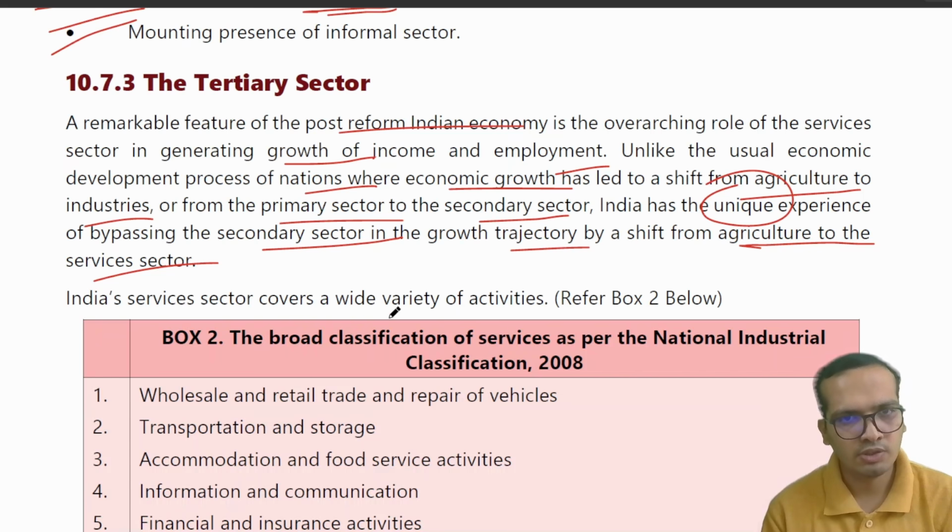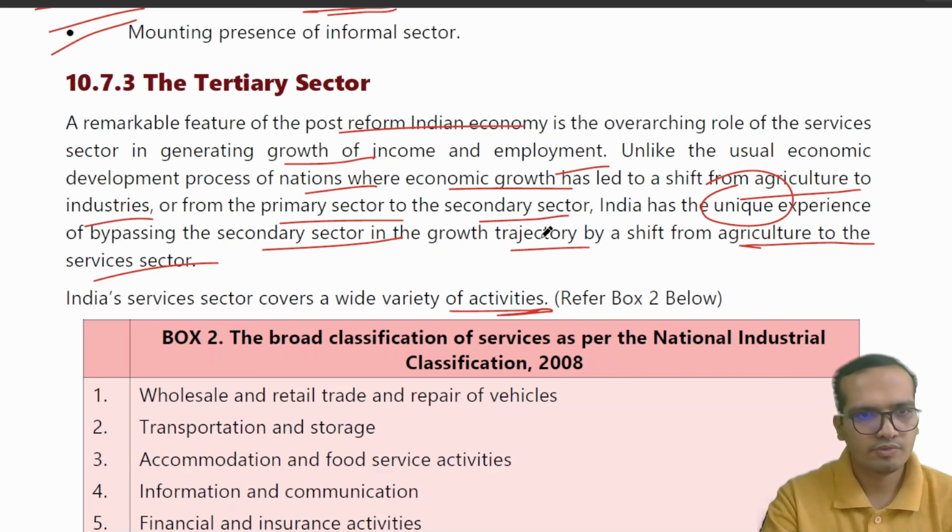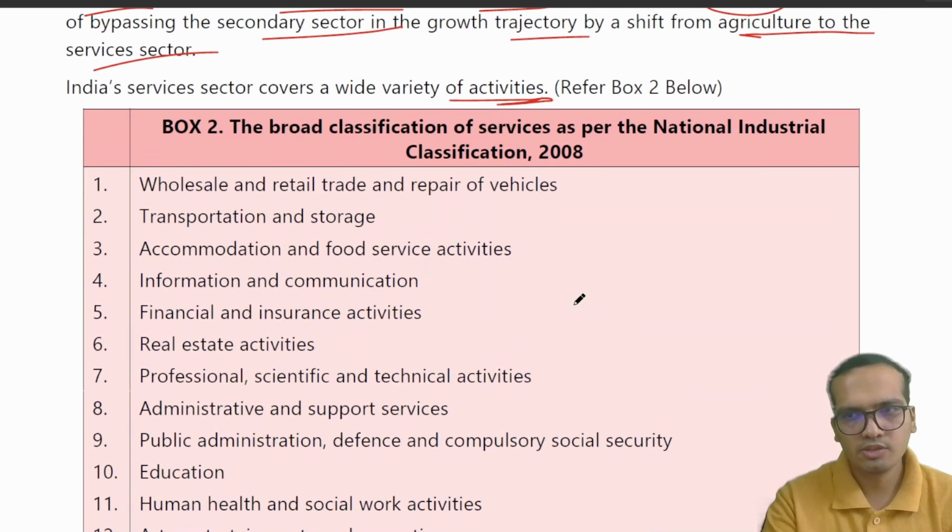India's service sector covers a wide variety of activities. So here is a small table. The broad classification of the service sector as per the National Industrial Classification 2008.